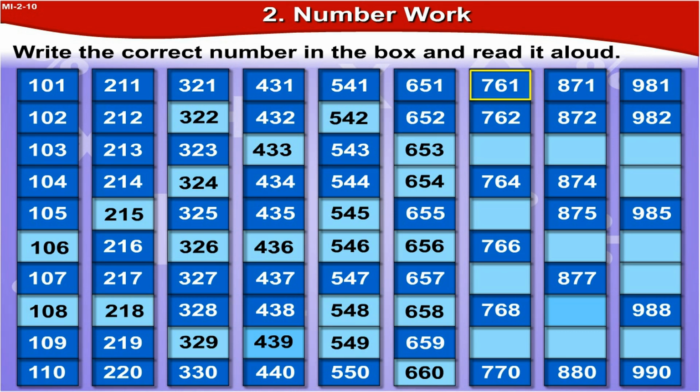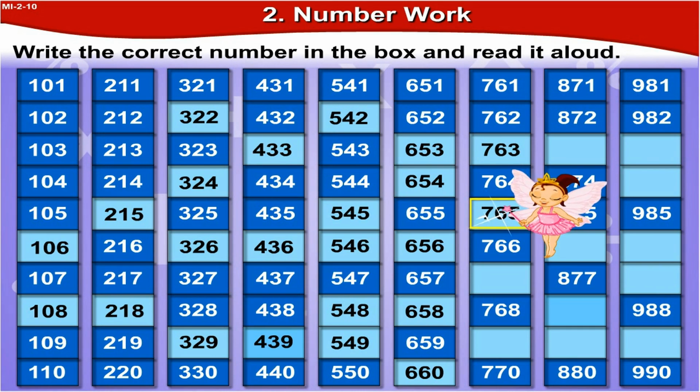Now the next column. 761, 762, and there is a box. After 762 comes 763, which is 763. So write it in the box. Then 764, then again a box. After 764, we have 765. That is 765, so write it in the box.